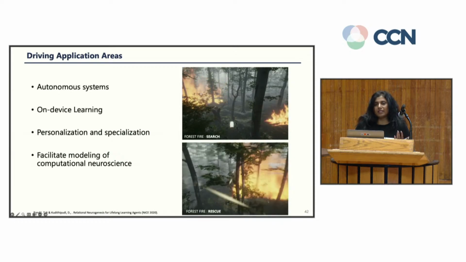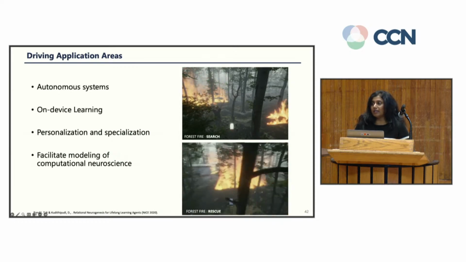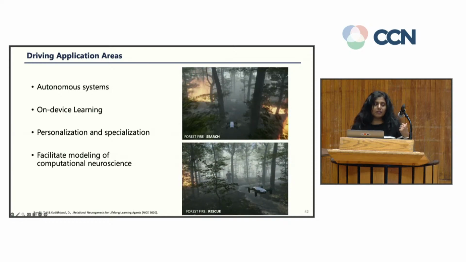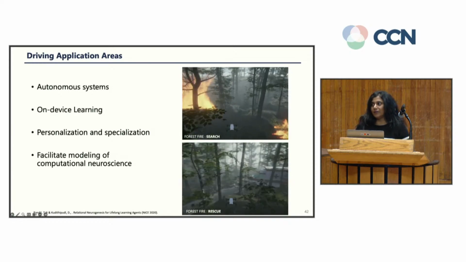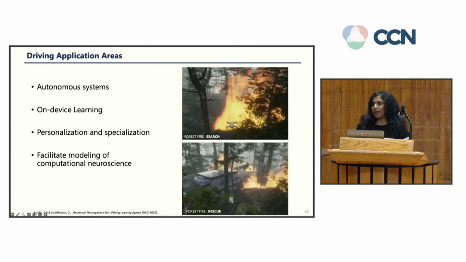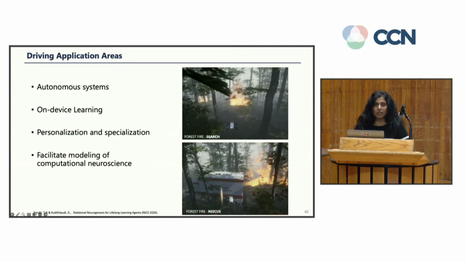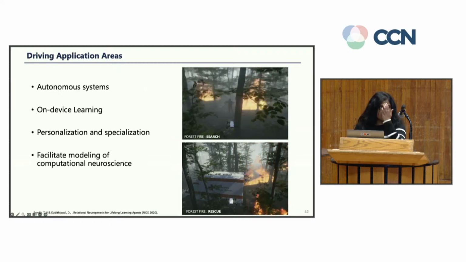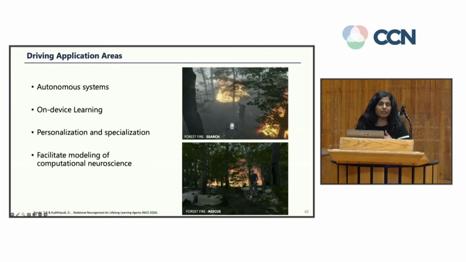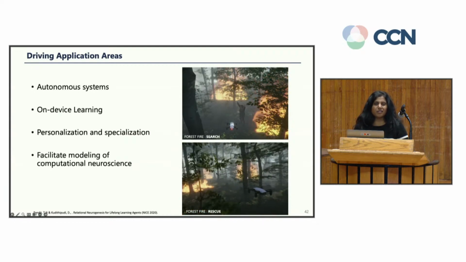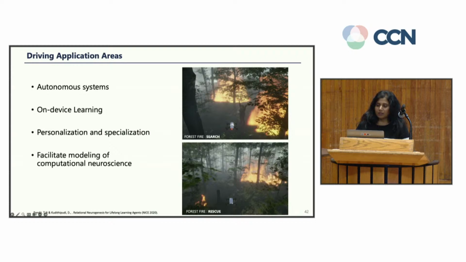And perhaps it can facilitate modeling for computational neuroscience researchers here. This cartoon that you see on the right is a simulation environment that my student Tej built during the DARPA project to show how the neurogenesis algorithm he has built is working well in search and rescue operations in a photorealistic environment.